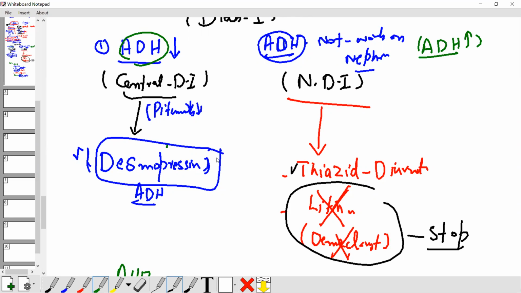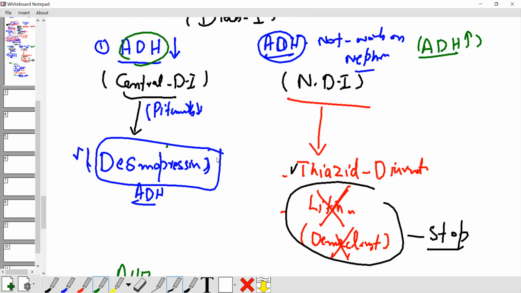If the patient after giving desmopressin still has the same problem, again polyuria, polydipsia, urine quantity still too much, diluted urine, it means the problem is not with the pituitary. ADH is already there, but it is not working properly on the nephron. You're giving it from outside, but already inside the patient we have a lot of ADH that is not working properly.